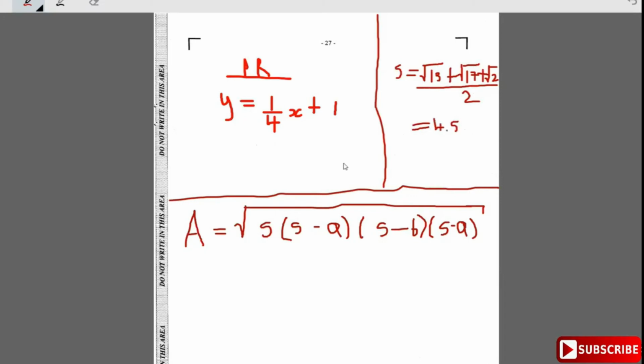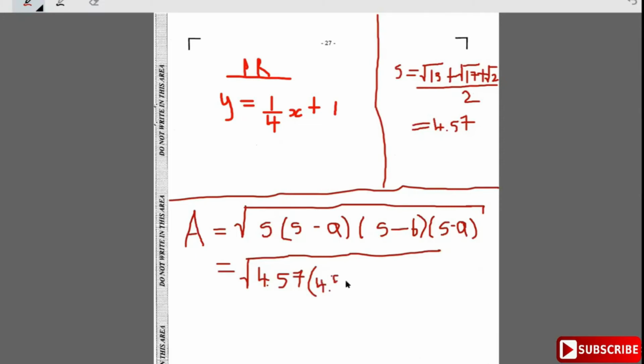So you're going to use that now to find the area. So the area is the square root of 4.57 times (S minus A), so 4.57 minus A, where A is the root of 13.